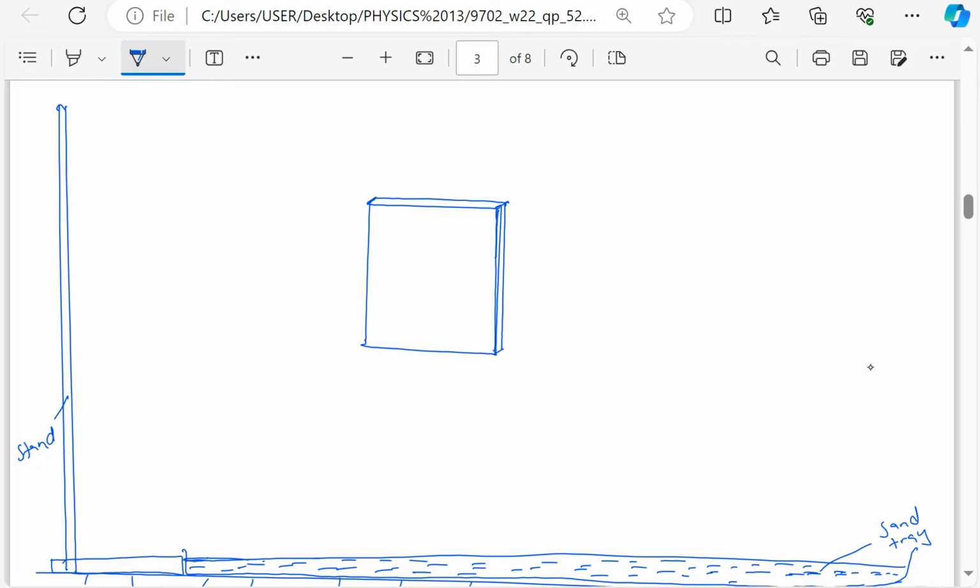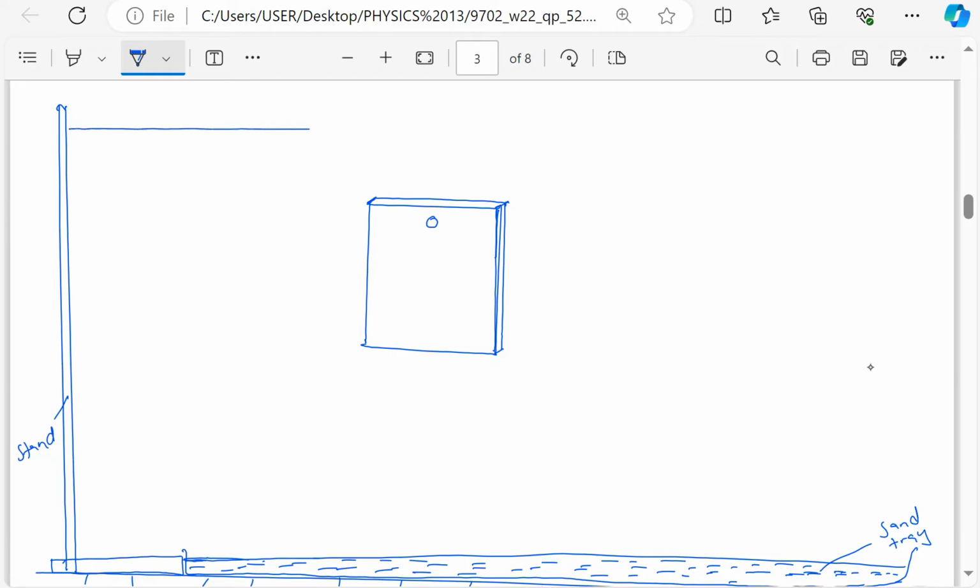Okay, you can draw a better diagram. So I'll put a hole somewhere here, and I'm going to draw a wooden rod through, which is going to be clamped.